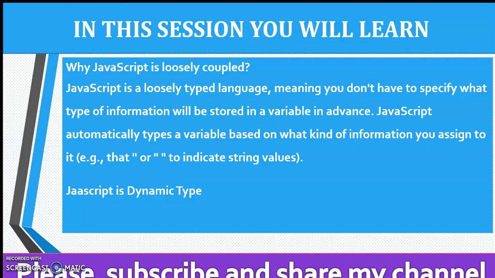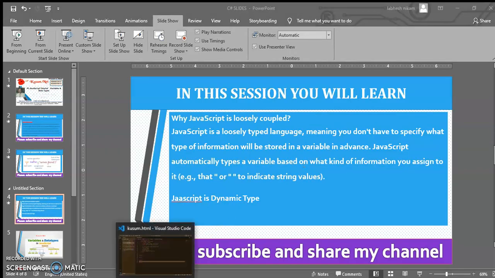So this is loosely typed and it is a dynamic type. Why is it a dynamic type? Because whenever you assign the value, it uses the correct characters. Let's see in the example.